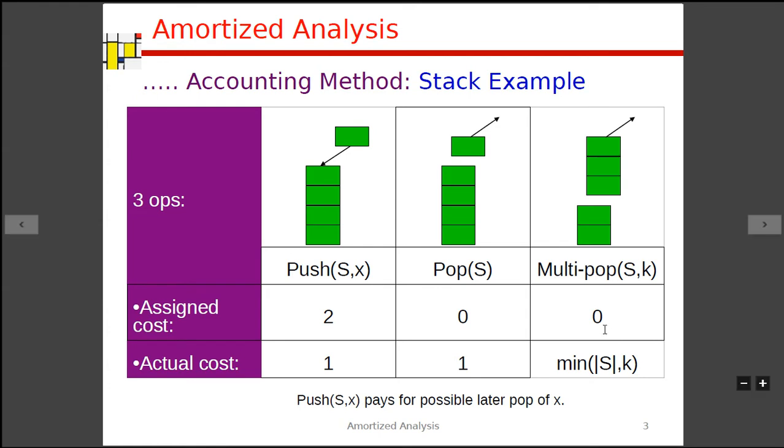That means when you are doing the transaction, there will not be any cost assigned. But at the end of 3 months, they will charge some nominal amount from your account. So this is how we can analyze multi-pop operations according to the accounting method.